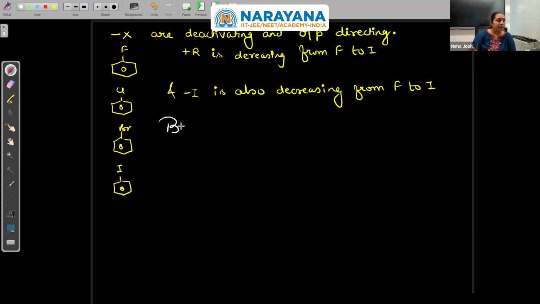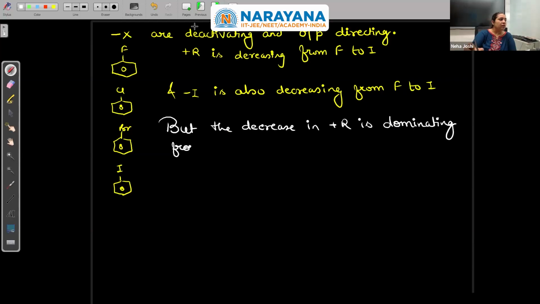But the decrease in plus R is dominating, it means magnitude-wise more, over the decrease in minus I from PhF to PhI.